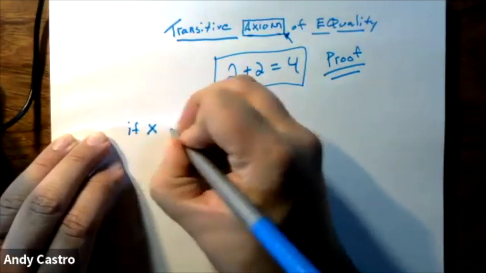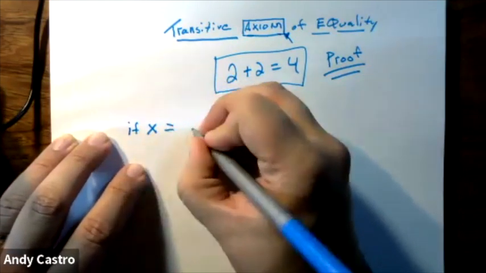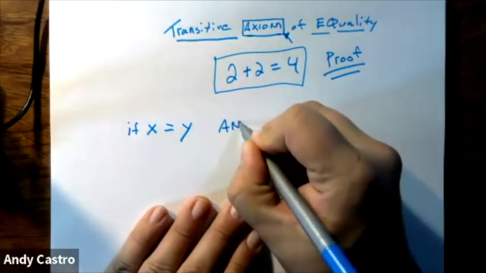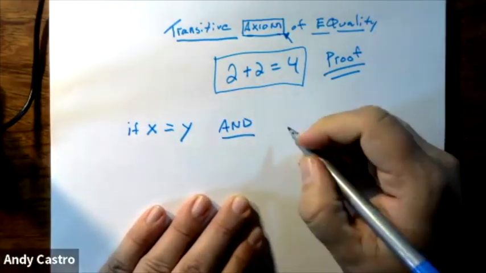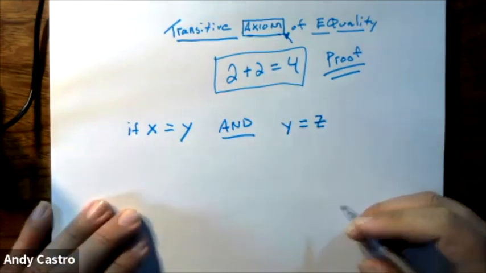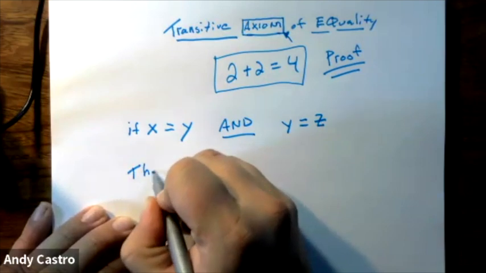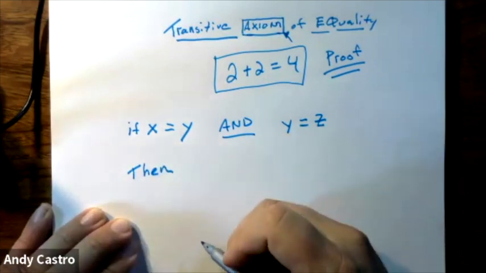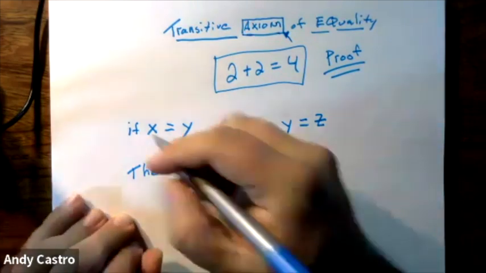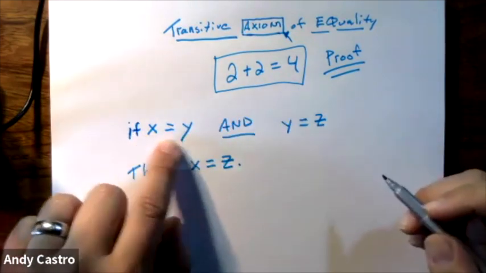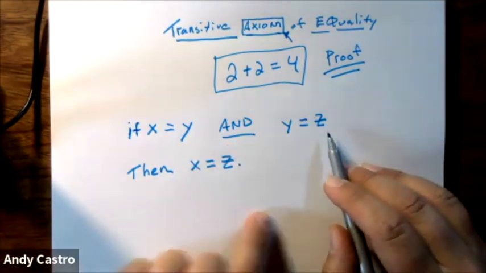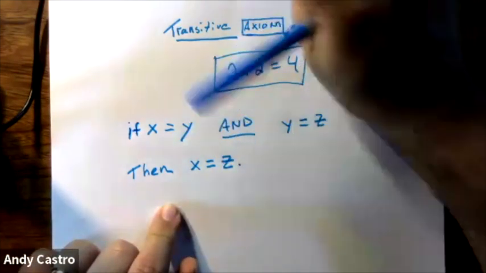If x equals y and y equals z, then x is equal to z. If x is equal to y and y is equal to z, then x is equal to z.